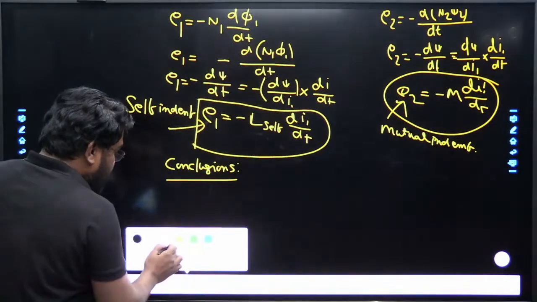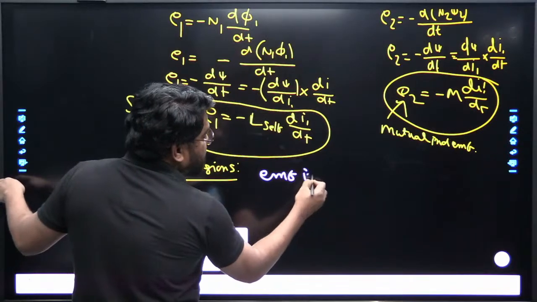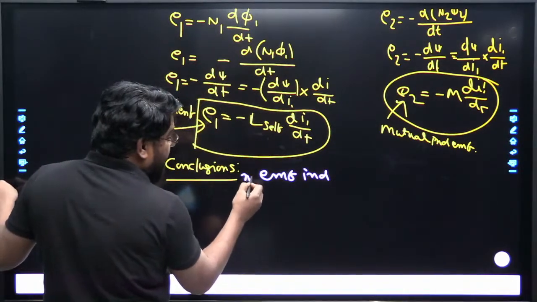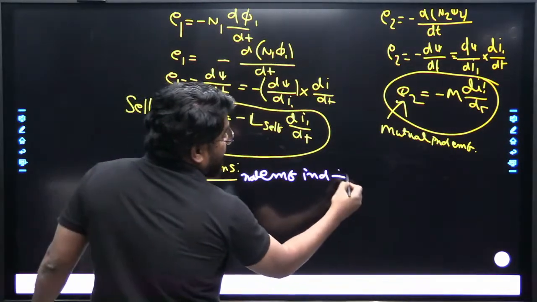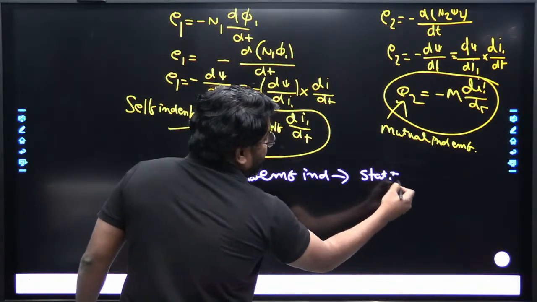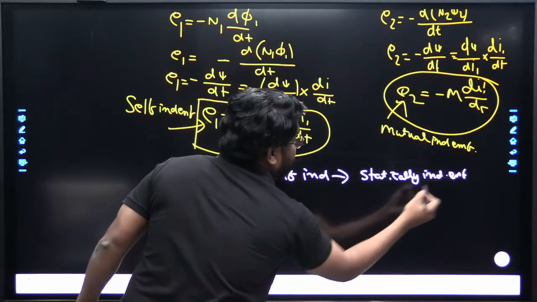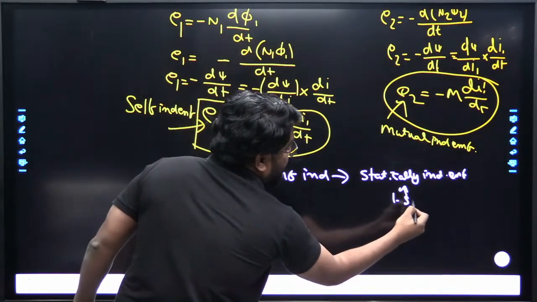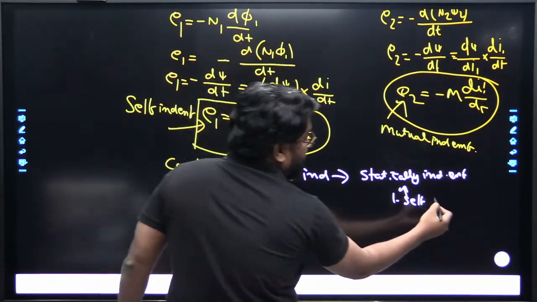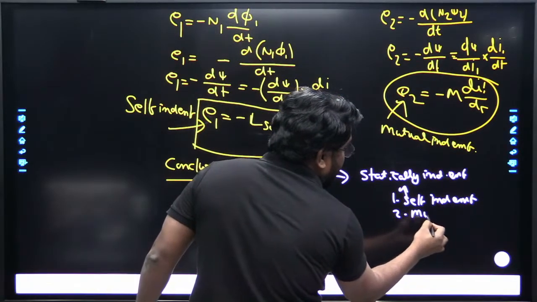The first question: what is the nature of the induced EMF in the transformer? It is a statically induced EMF, and it is of two types: one is self-induced EMF, and the second is mutual induced EMF. The EMF induced in the primary winding is the self-induced EMF. The EMF induced in the secondary winding is the mutual induced EMF.